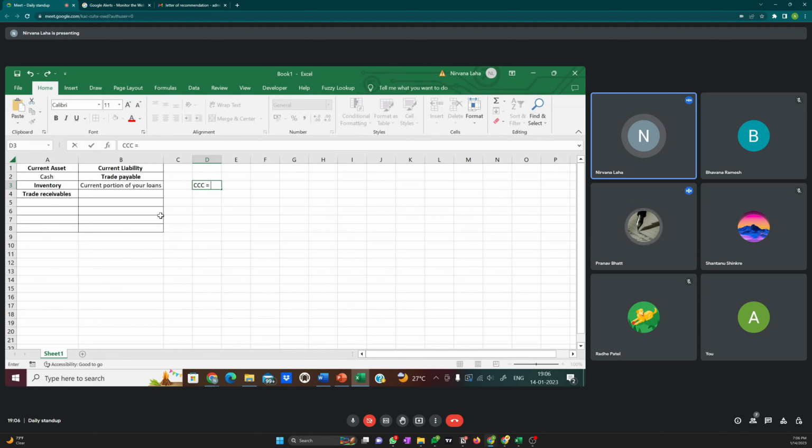You're on the right track. It's not exactly correct, but you're on the right track. So, cash conversion cycle is basically the difference in time between when a company pays its suppliers versus when it receives money from its customers.